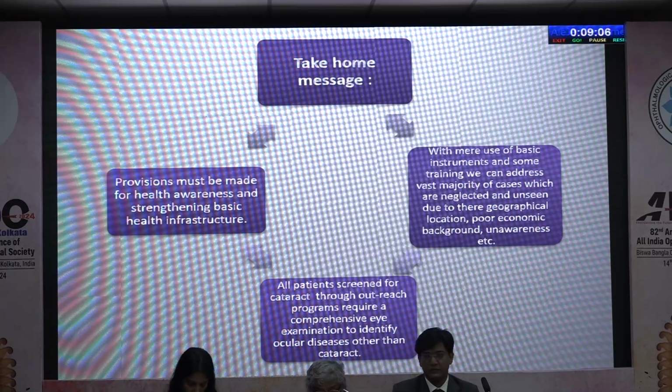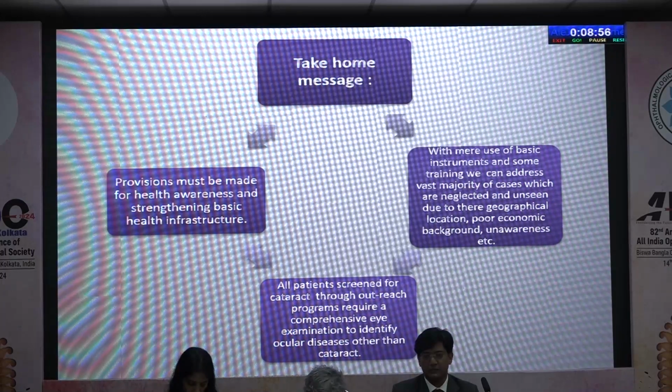With mere use of basic instruments and some training, we can address the vast majority of cases which are neglected and unseen due to their geographical location, poor economic background, unawareness, etc. All patients screened for cataract through outreach programs require a comprehensive eye examination to identify ocular diseases other than cataract. Provisions must be made for health awareness and strengthening basic health infrastructure.